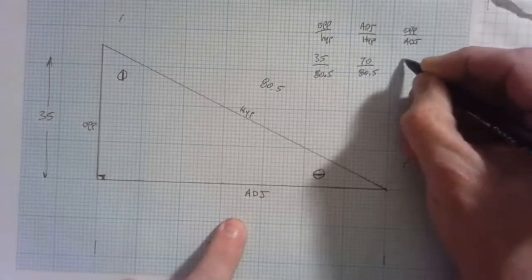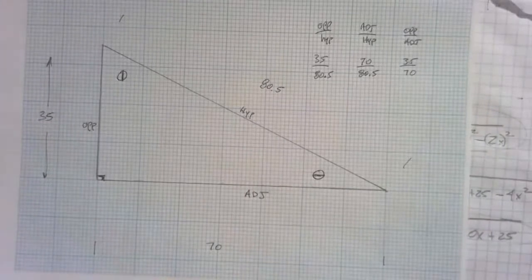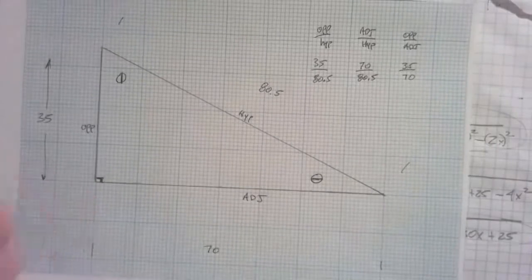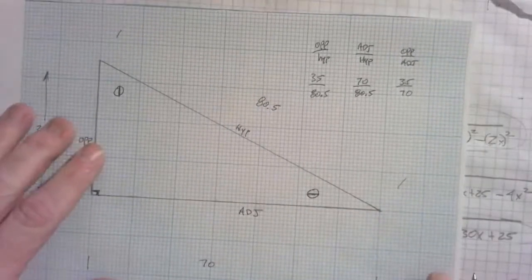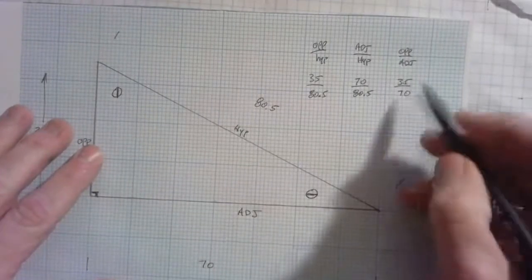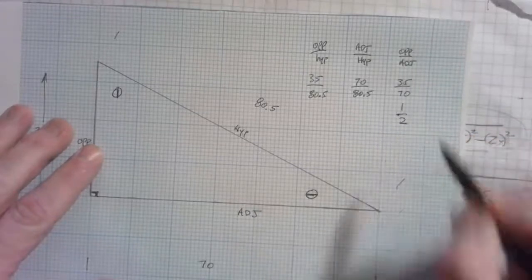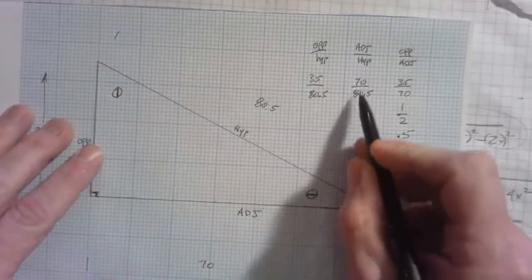And that would be 35 over 70. All right, big deal. There's no miracles or anything. Nothing special about this. Just setting us up. The one I really want to look at is this, because I've set this up to be 35 over 70. So that's 0.5, right? That's a half. Well, I'll write it as 1/2, or 0.5.